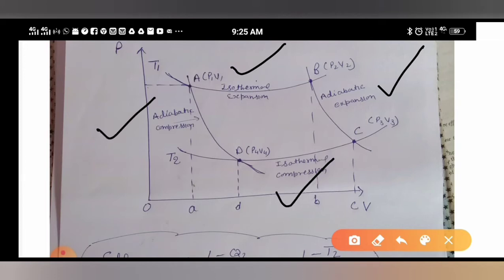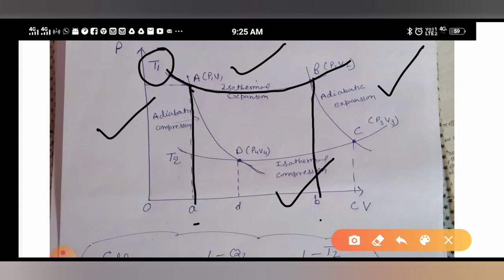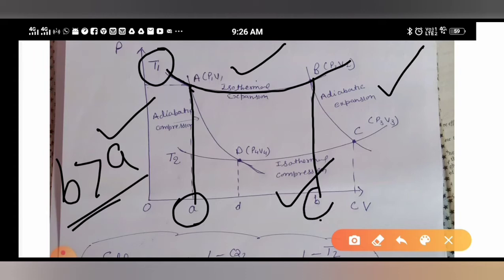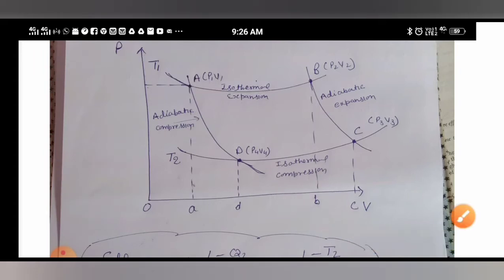You can see that in isothermal expansion the temperature is T, so it will remain T from here to here. But as it is expansion, the volume at point A is small a, and the volume at point B is small b, and obviously b is greater than a, because a is behind and b is ahead. That's why it is isothermal expansion.